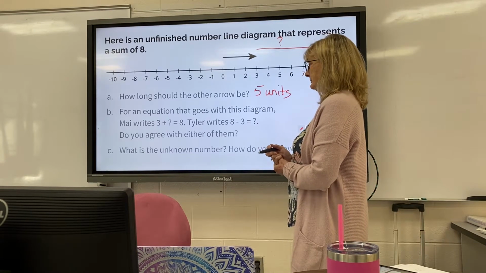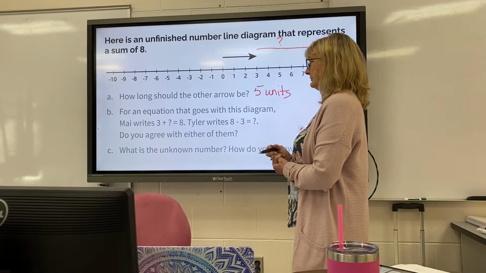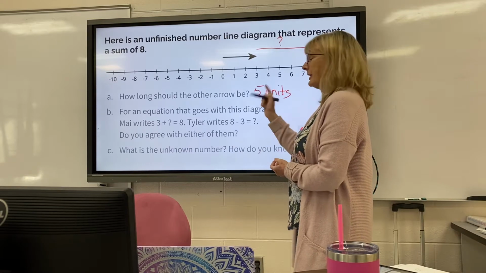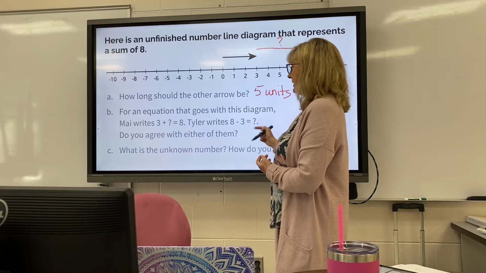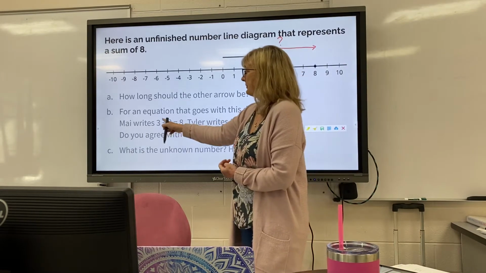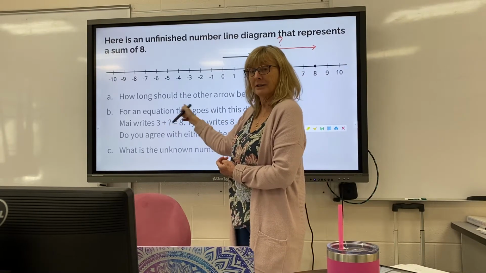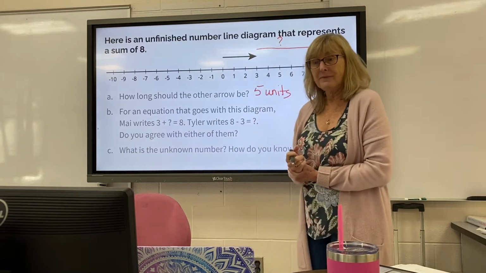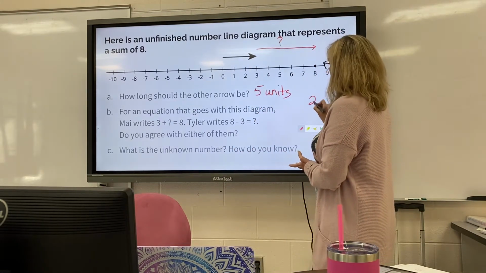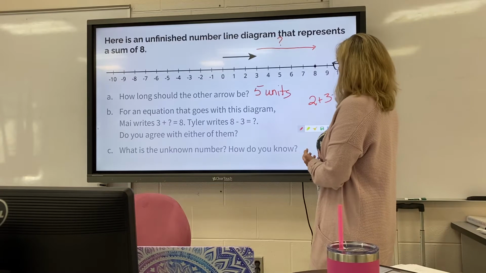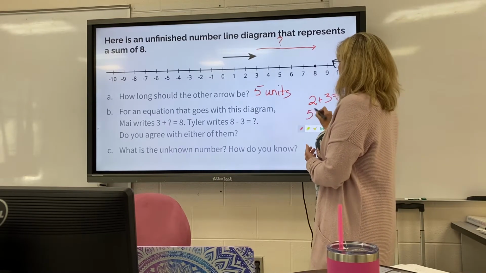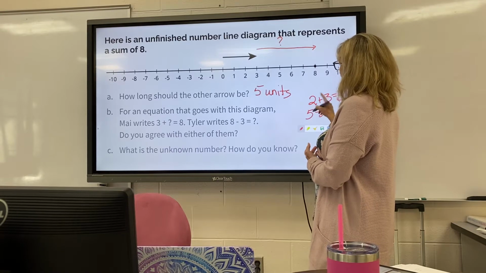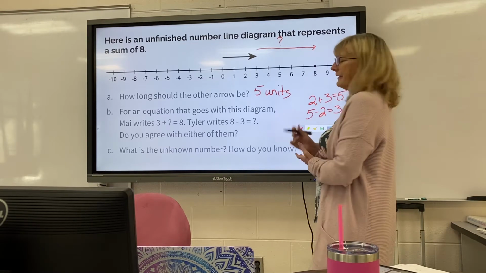Because the equation could be written either way, and you still get the same answer. You are going to get the same answer. 8 minus 3 equals 5, and 3 plus 5 equals 8. Okay? It goes back to, remember in elementary school when you learned that you could take the answer and subtract one of the numbers to find the other number?